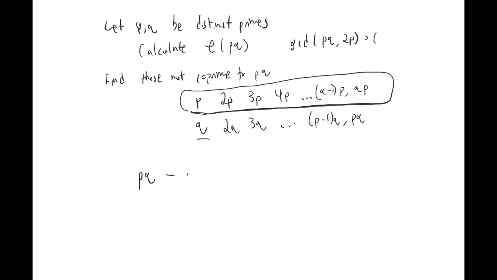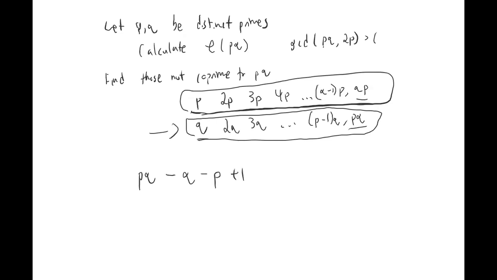Q of them. How about in this row? P of them. Now, am I double counting any? Yes, we counted this twice, so we have to add one back because we subtracted that one off twice. And sure enough, this is your answer.